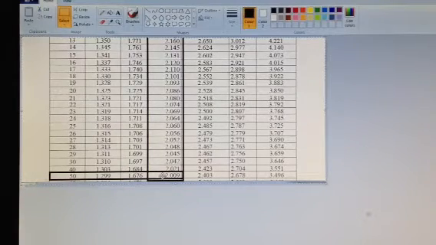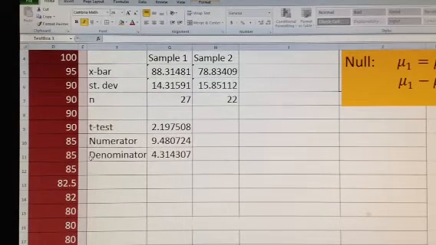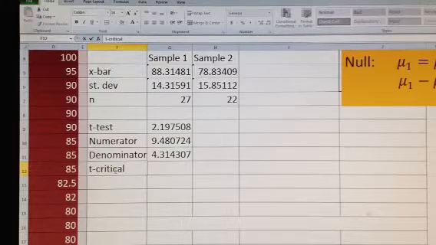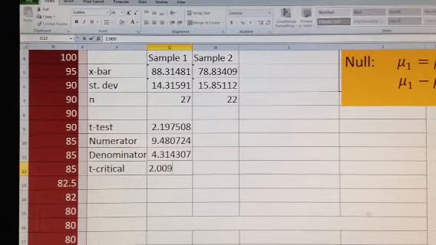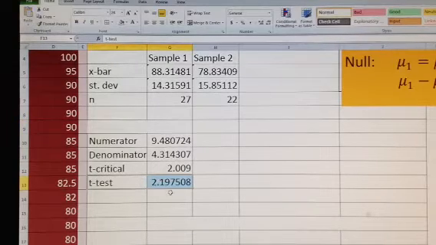So the critical t-value is 2.009. And I will copy this formula for the t-test and place it here.